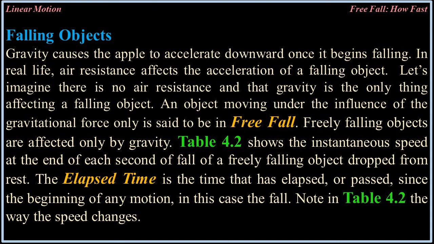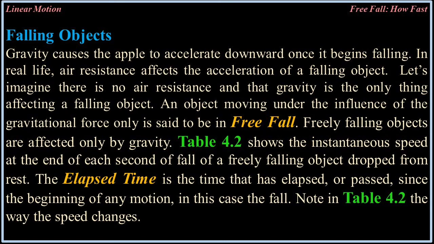In real life, air resistance affects the acceleration of a falling object. Let's imagine there is no air resistance and that gravity is the only thing affecting a falling object. An object moving under the influence of the gravitational force only is said to be in free fall. Freely falling objects are affected only by gravity.